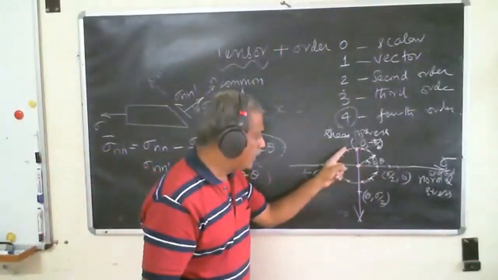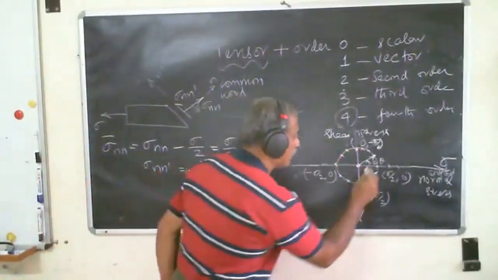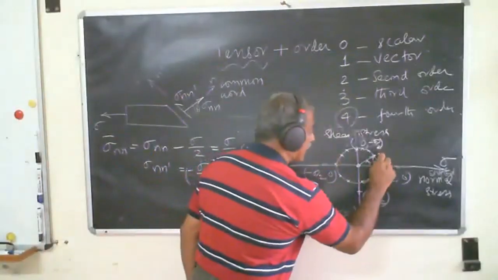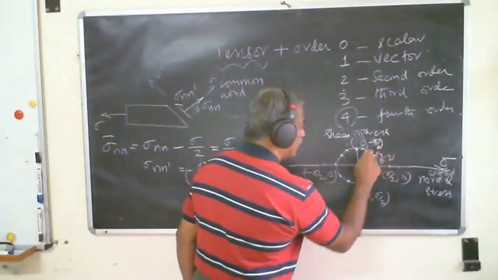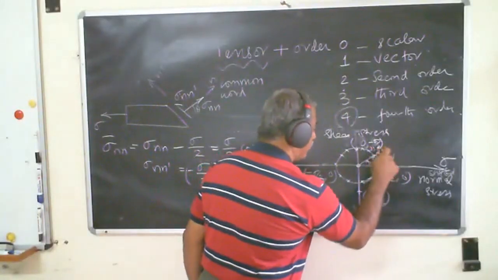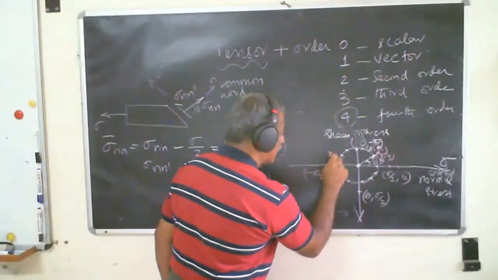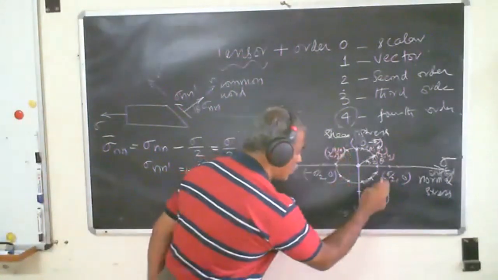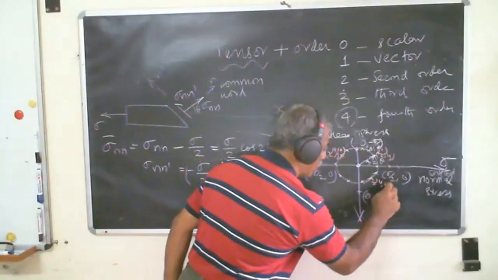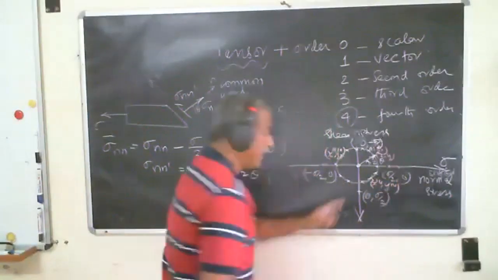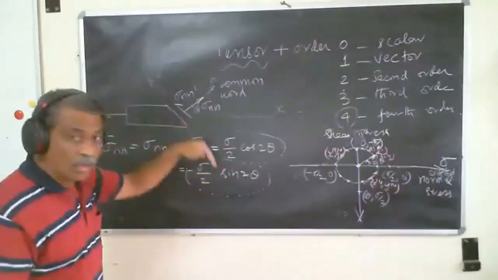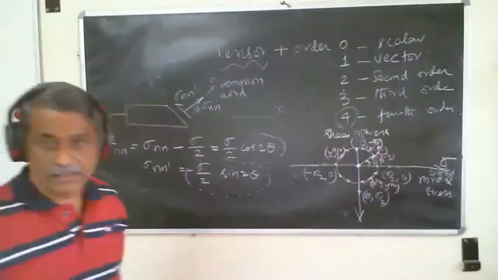What do these points indicate? Each of these points is, let's say, x, y; this is x prime, y prime; this is x triple prime, y triple prime, and so on, x4, y4, depending on the inclination that I have taken in order to section this.